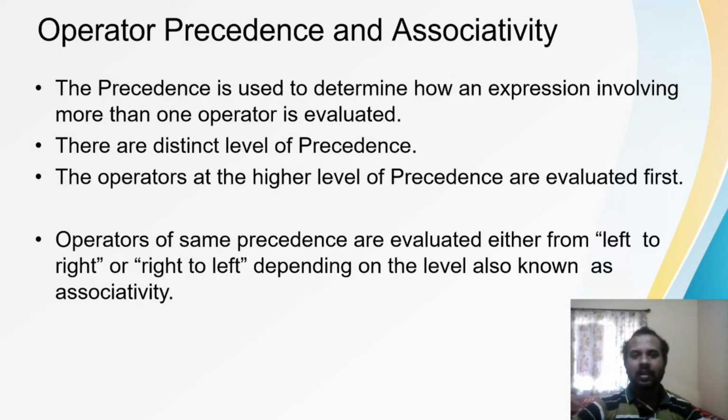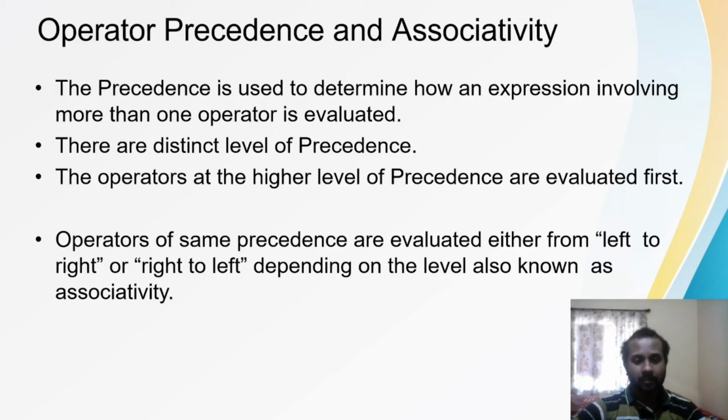For example, if only one operator is present in the expression, then no problem, right? I can solve it very easily. But when I have more than one operator, for example a plus b minus c or a plus b multiplication c, which one should be executed first?